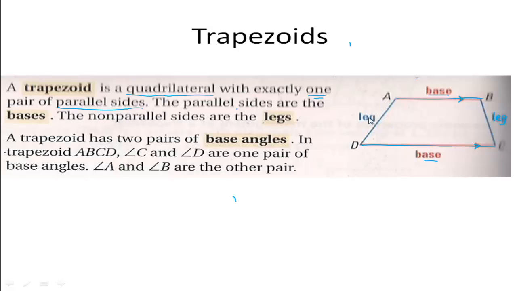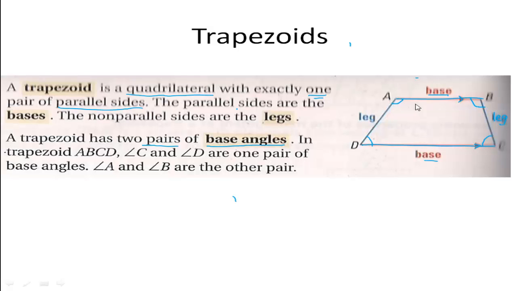And another thing that you need to know about trapezoids is that it has 2 pairs of base angles. So if this is the base, then this is a pair of base angles, and this is another pair of base angles.